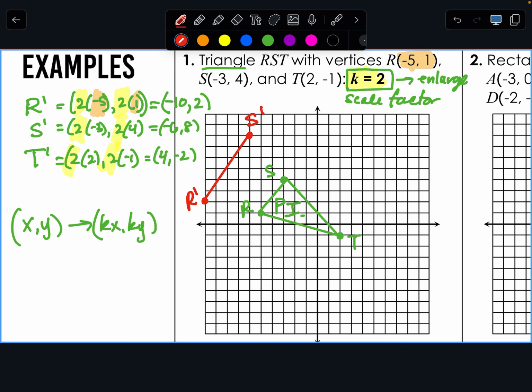But I can't count here, especially because this is a diagonal line. There's not an easy way to do this except to multiply by k. And then 4, -2, there's T prime. And so when I connect my dots, there is my image.